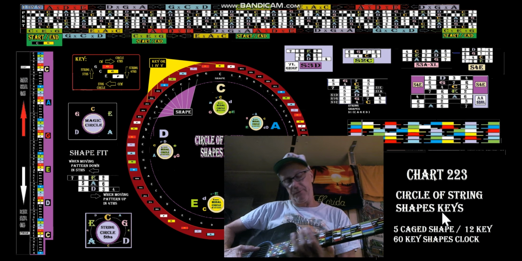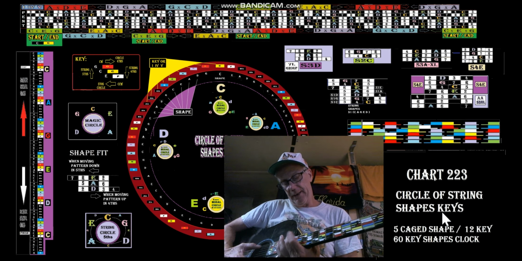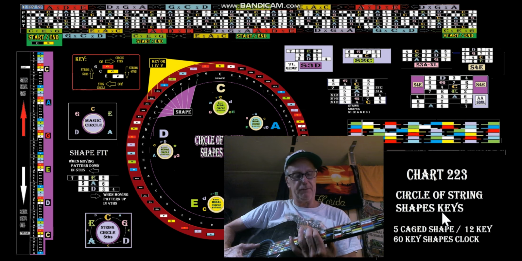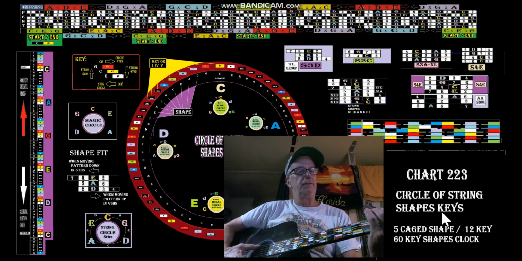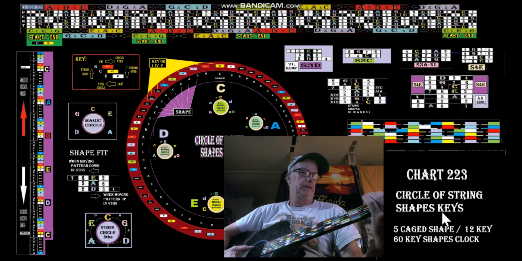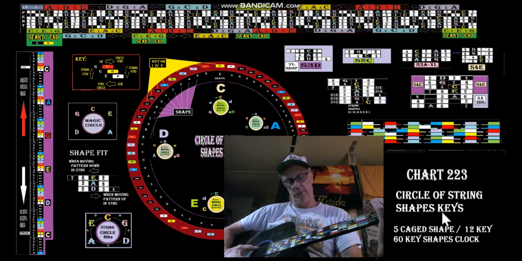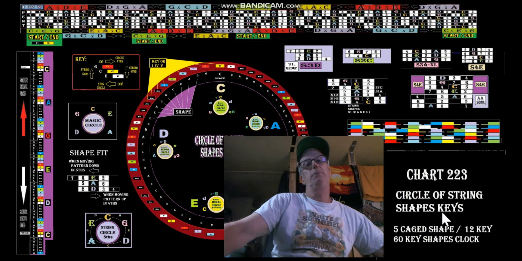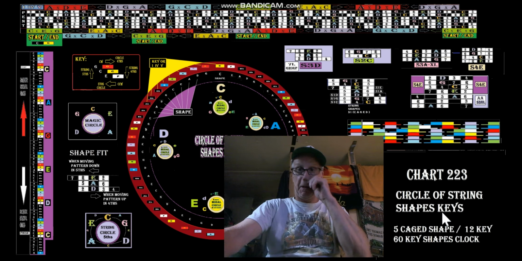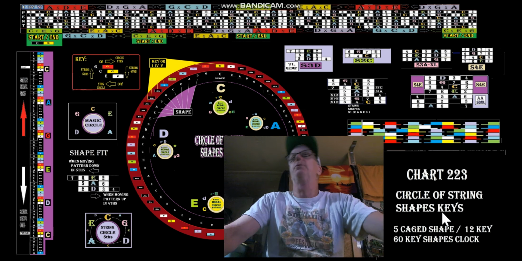So we could start from the top here: E, E flat, D, D flat, C, B, B flat, A flat, G, G flat, F, E, E flat, D, D flat, and C. Okay, so I'm doing them in flats. That's just how I did them.